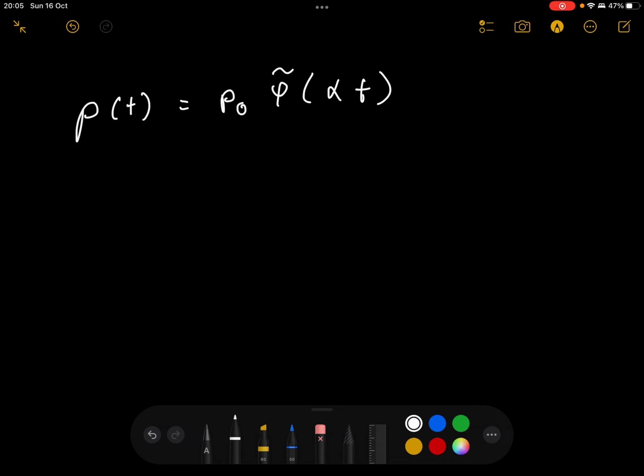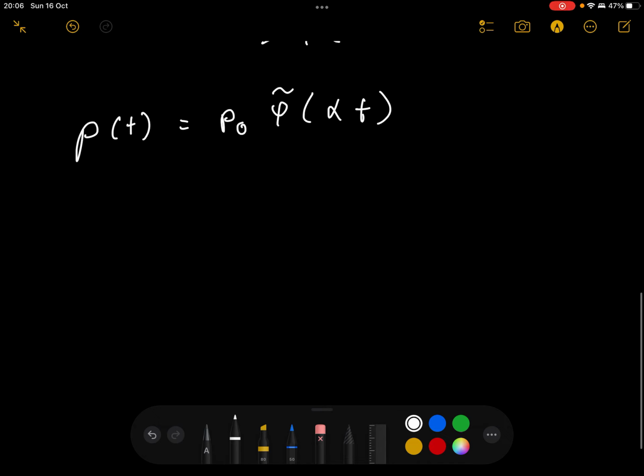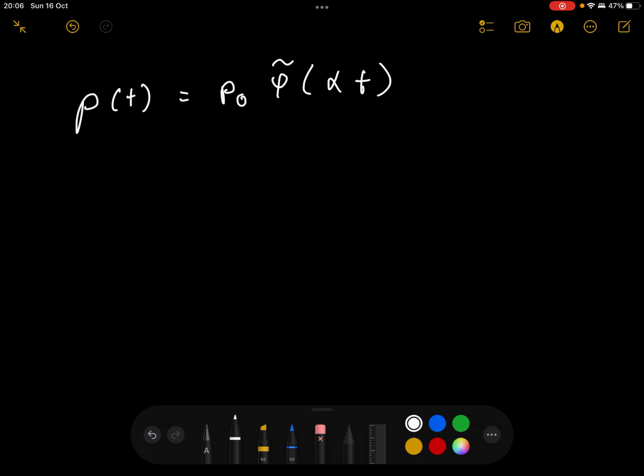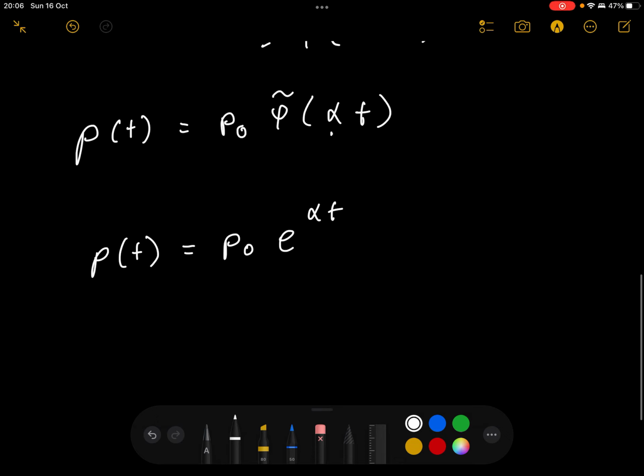And we can now go on to use other standard techniques to prove what it is. But what this does is it points in the right direction of what kind of solution you're looking for. The actual solution, turns out, is P naught e to the alpha t. But our dimensional analysis showed us that the alpha and t have to come together in the solution.